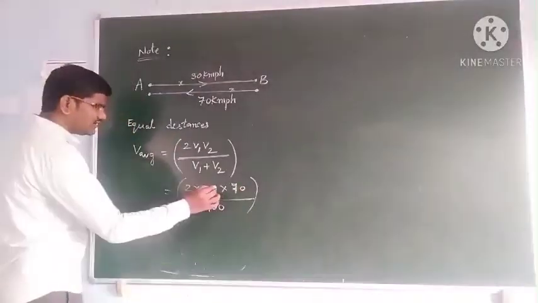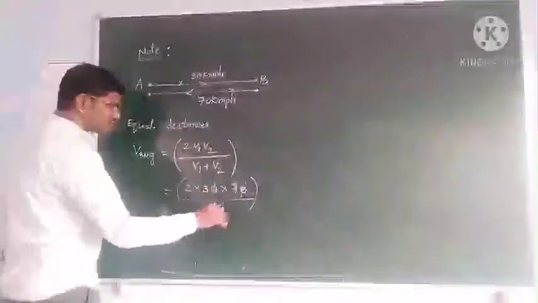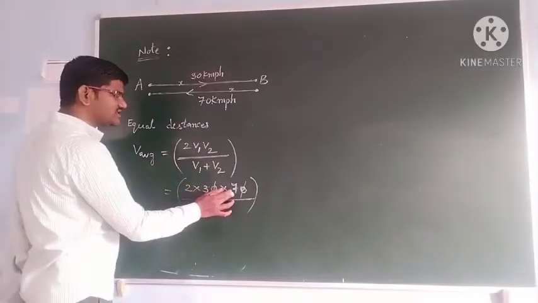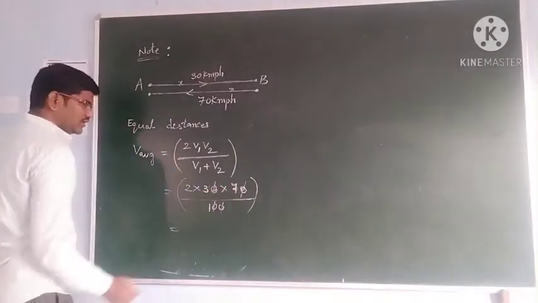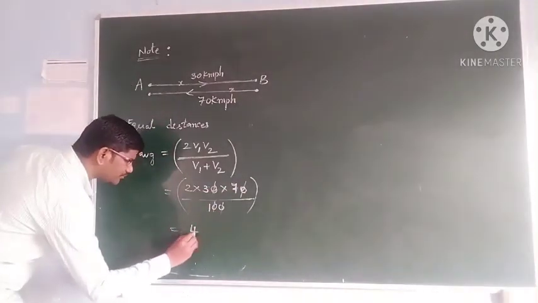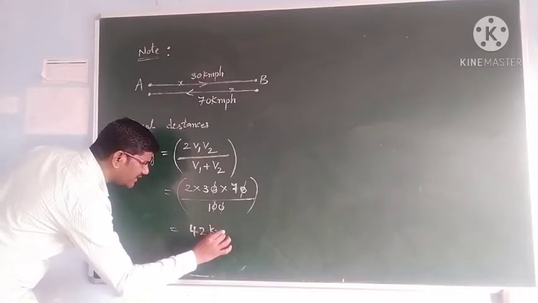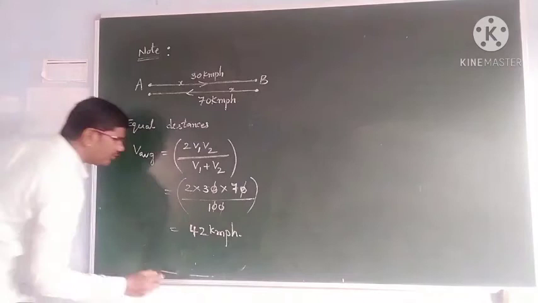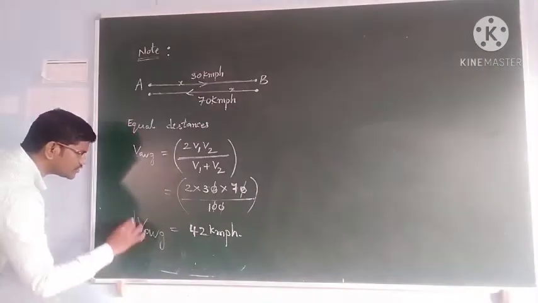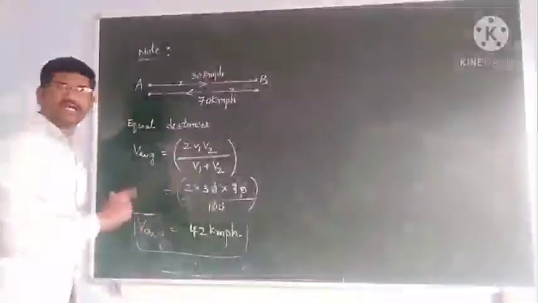Then the 2 zeros here and 2 zeros there get cancelled. 2 into 3, 6, 6 into 7, 42. So I get 42 kmph, 42 kilometer per hour is the average speed. So this is the average speed formula, and this is the calculation of average speed.